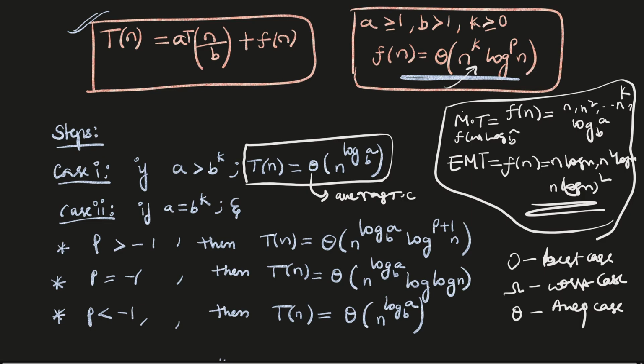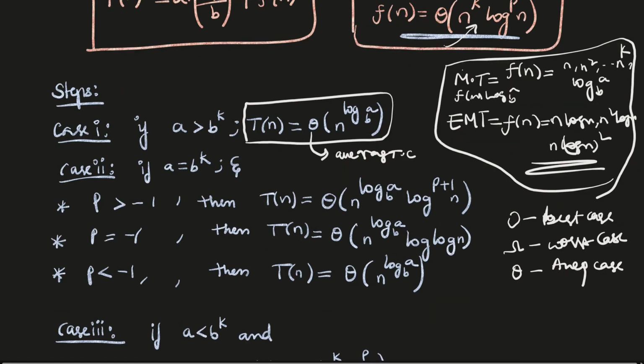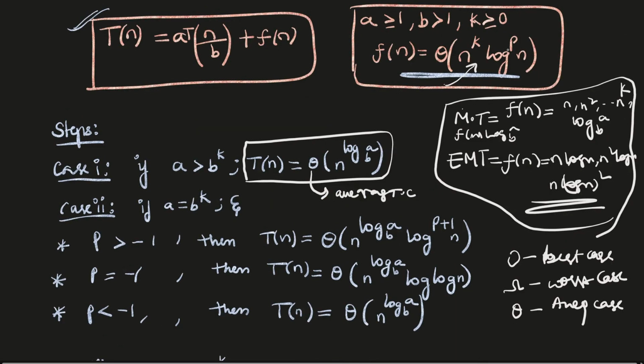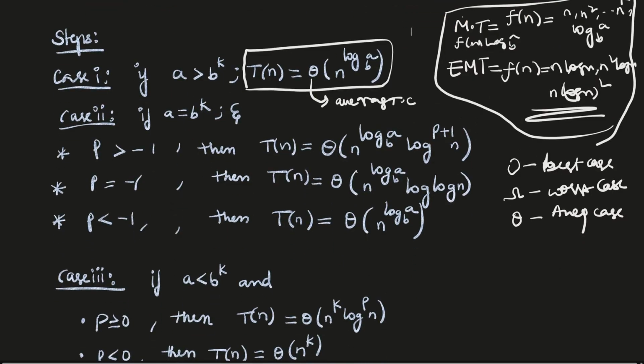Now if a is equal to b power k, then there would be three more conditions, that is p. Where we have seen p, it is the power of log. So the power of log, if it is greater than minus 1, then it would have one time complexity. If it is equal to minus 1, then it would have a different time complexity, and if it is less than minus 1, then it would be different.